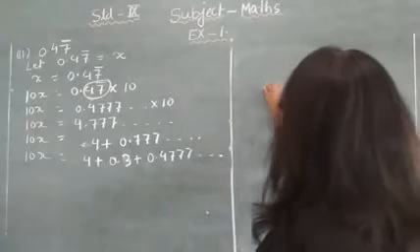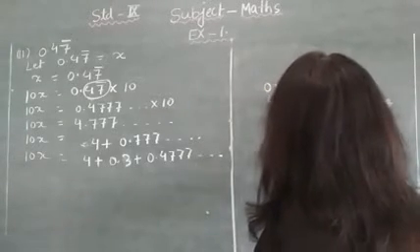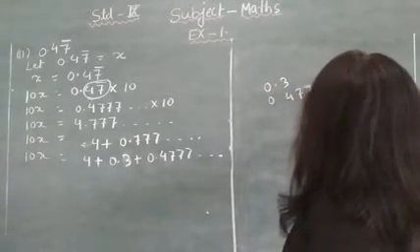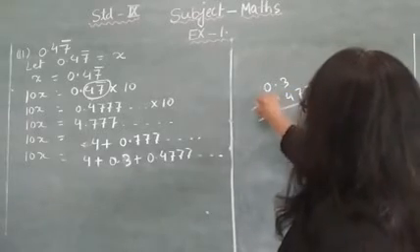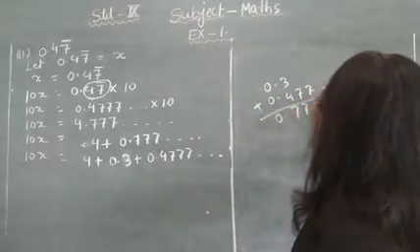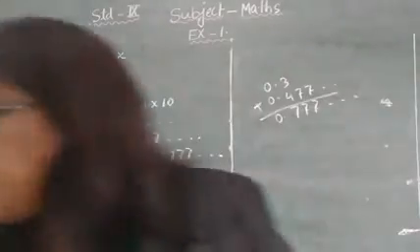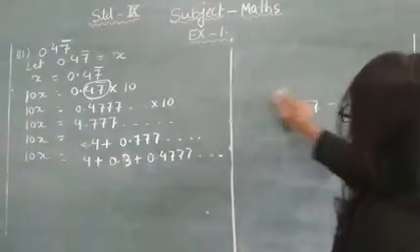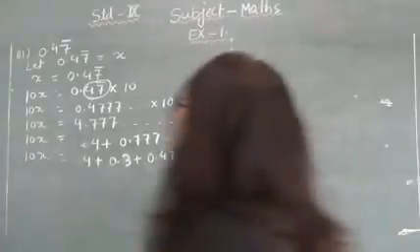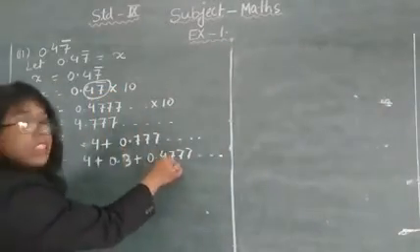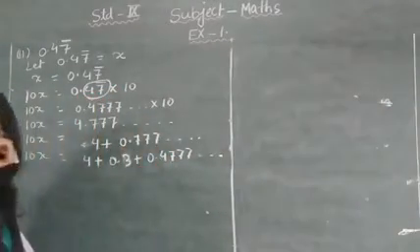Now I am showing you, if you add 0.3 and 0.4777, you will get 0.777, like this. Fine. So I have applied the same method here. Why have I applied that method? Because I need this term.